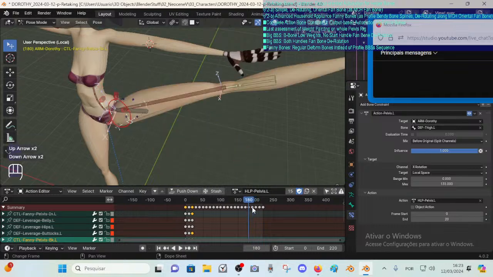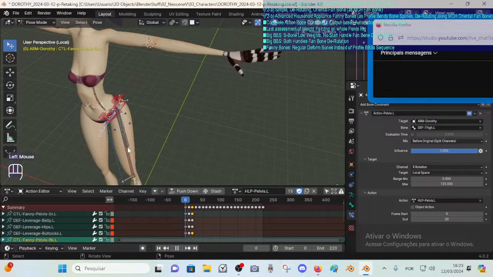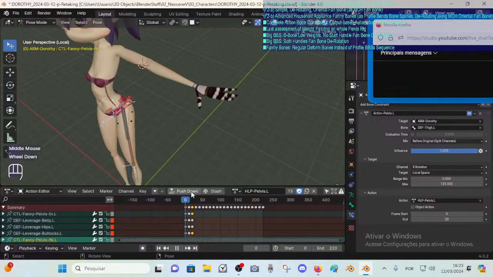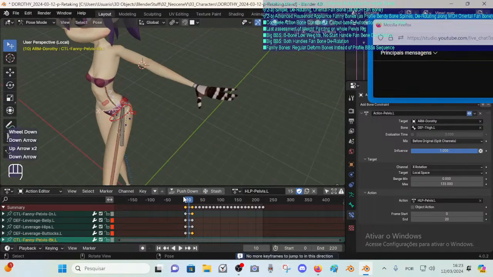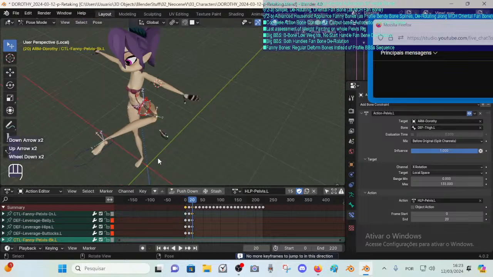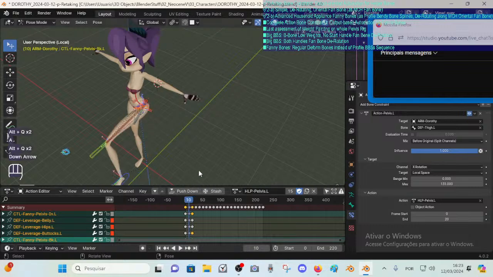Here it's simple, because the leg starts on a T-pose, so it's framed from 0 to 20.